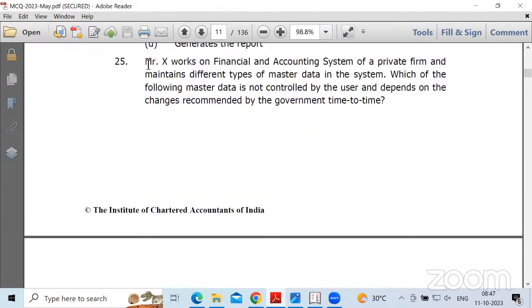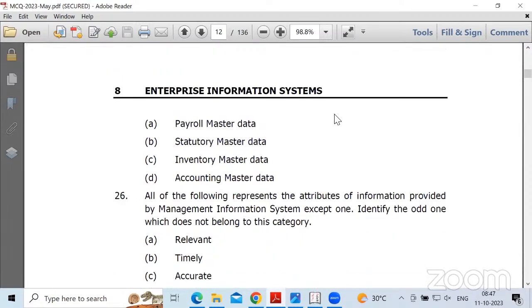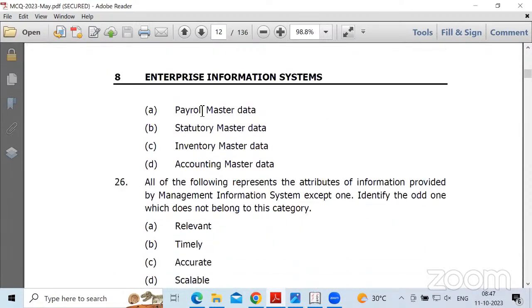Next, X works on the financial accounting system of a private firm and maintains different types of master data in the system. Which of the following master data is not controlled by the user and depends on the changes accumulated by the government from time to time? There are various master data, government involved. Payroll master data is governed by the organization.